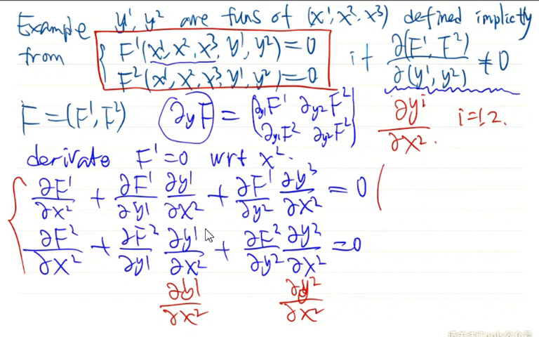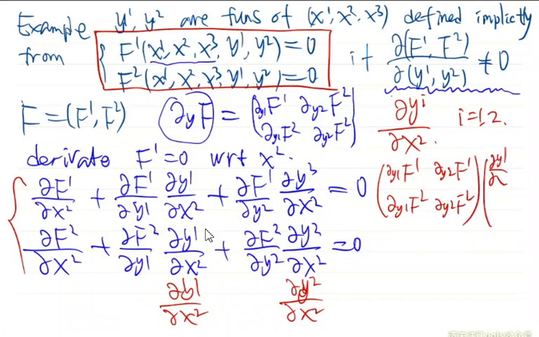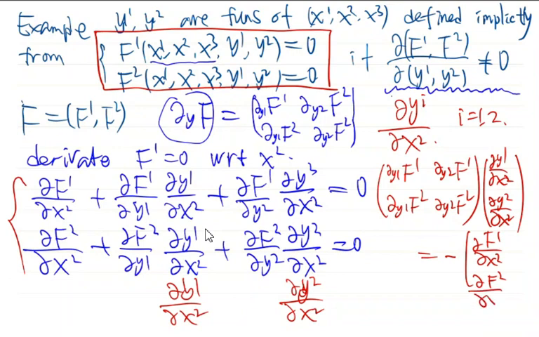That is, the matrix with rows (dF1/dy1, dF1/dy2) and (dF2/dy1, dF2/dy2), times (dy1/dx2, dy2/dx2), equals minus (dF1/dx2, dF2/dx2).